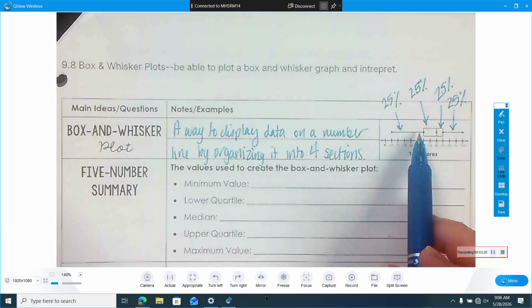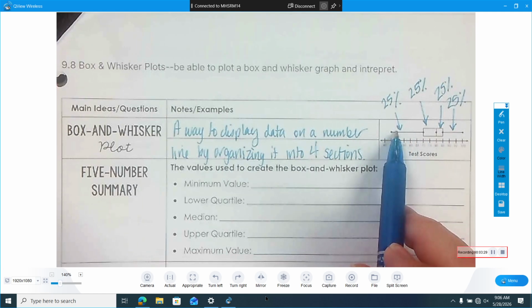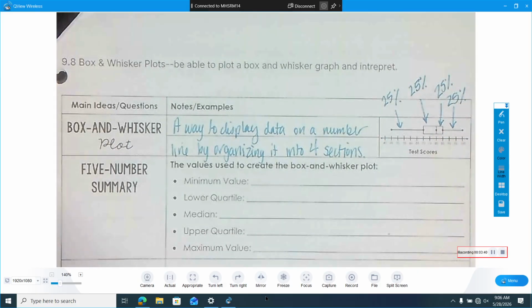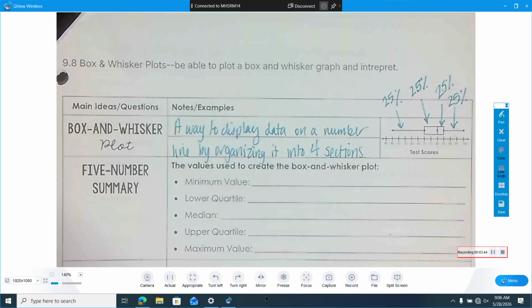It also tells you that the bottom 25% of your test scores, so the low 25%, it's very spread out, isn't it? So there's probably like a student way down here who got a really low score, but it's a bigger range. So it's kind of interesting to see the spread of that data as well, okay?